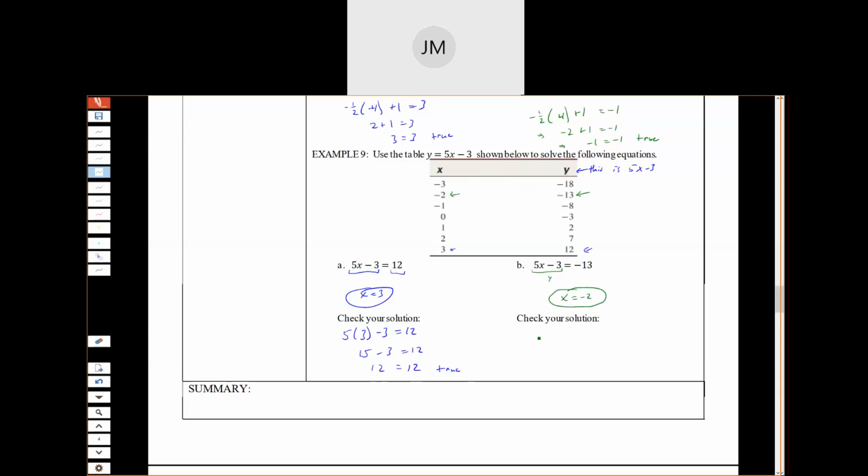Okay, so let's check it. I'm going to plug my x value in. 5 times negative 2 minus 3 equals negative 13. 5 times negative 2 is negative 10. Negative 10 minus 3 is negative 13. Okay, negative 13 equals negative 13 is true.